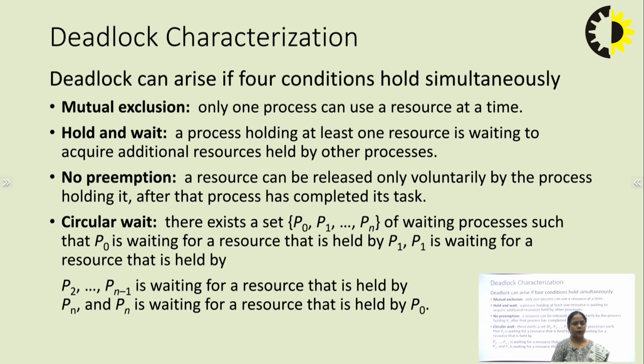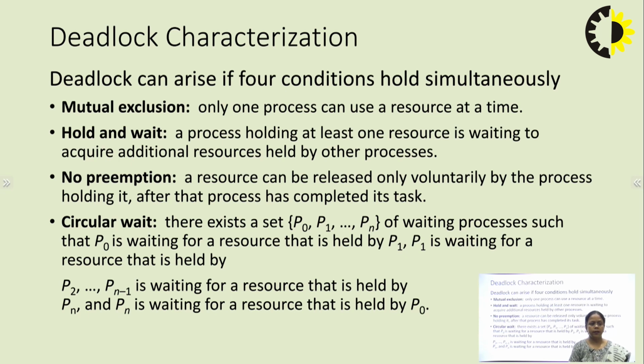Next is circular wait. Circular wait means there is a set of waiting processes P0, P1 up to Pn such that P0 is waiting for a resource that is held by P1, and P1 is waiting for a resource that is held by P2. In this way, if there is a circular queue in the system, each process is waiting for another process, so nobody is ready to release the resources.